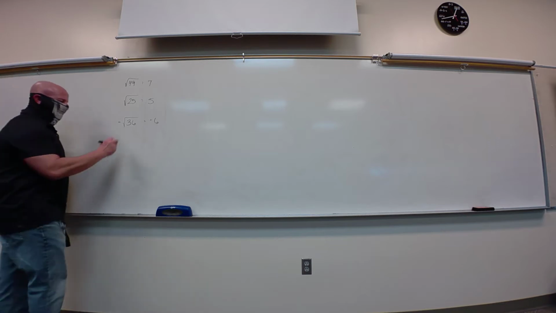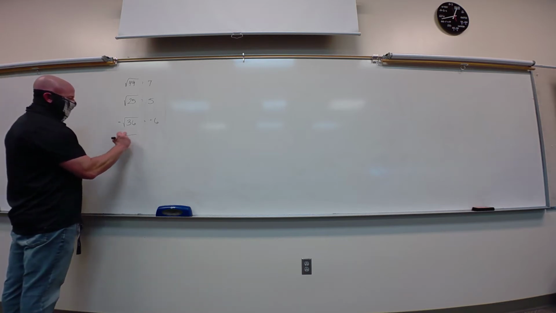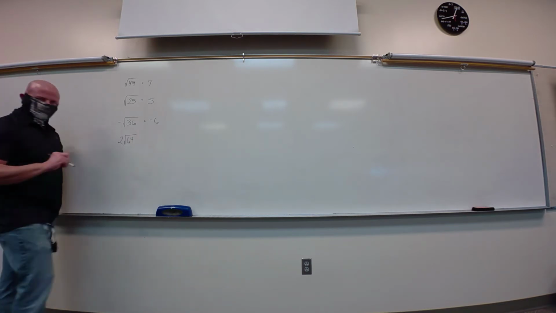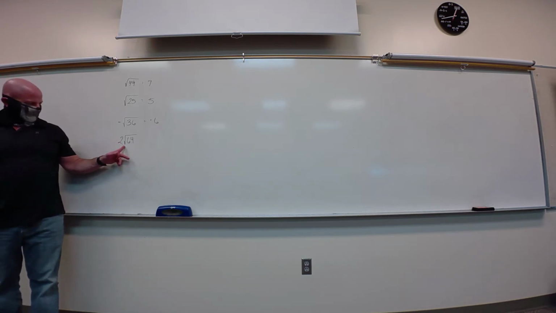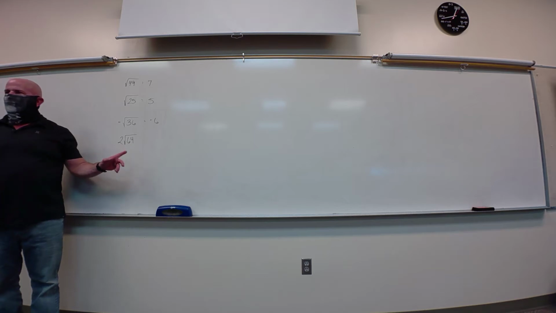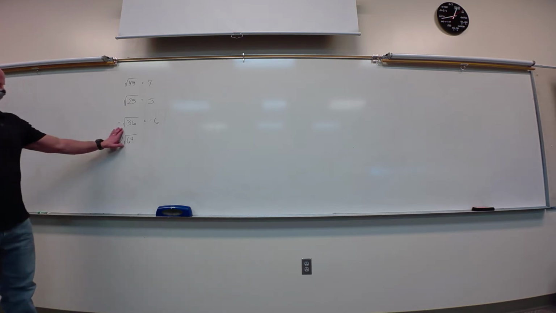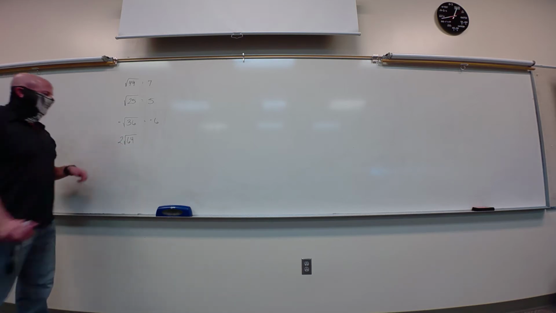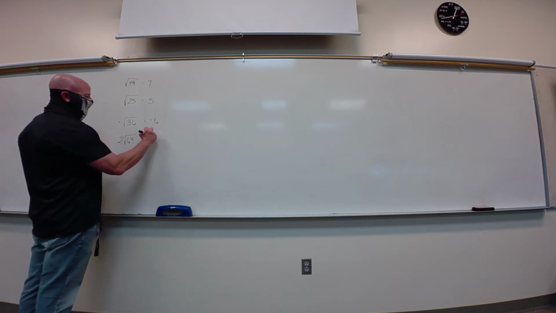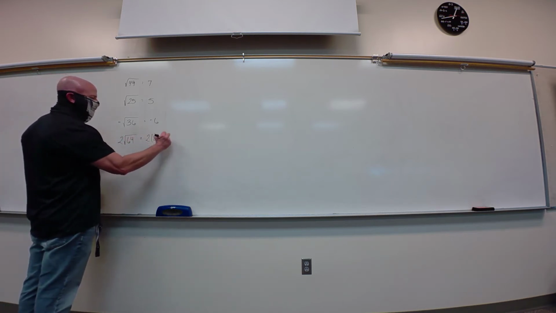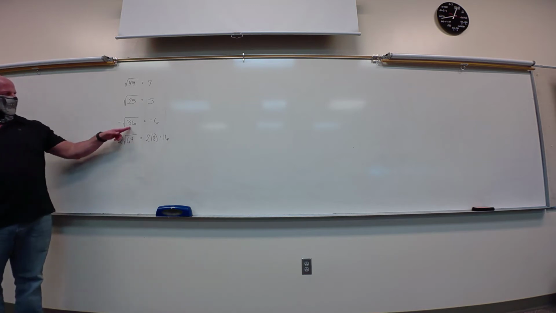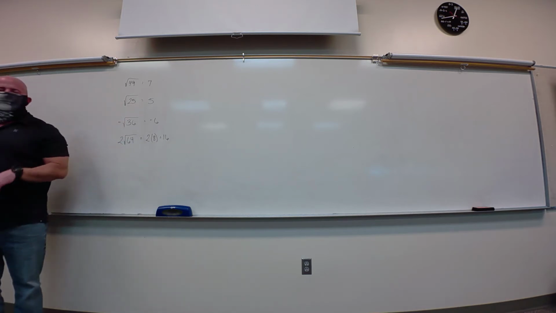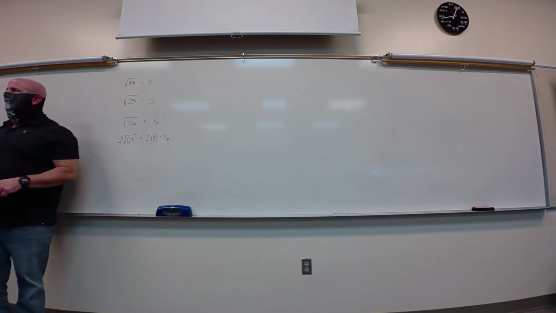If I threw a number, let's go 2 square root of 64, this would read 2 times the square root of 64. So my focus is still at 64. The root of 64 is 8. So 2 times 8, 16.